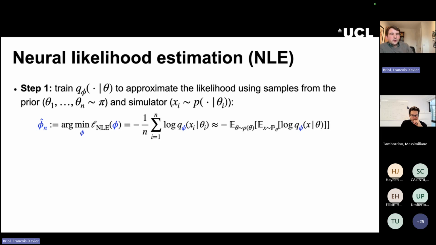Now I'm going to fit my normalizing flow, i.e. find some good phi values, some good parameter values for that normalizing flow, using some objective. Typically, but not always, it's the negative expected log density. What I'm really trying to approximate is the thing on the right-hand side, but these expectations are intractable, and all I'm doing is approximating them with the data that I have. So I'm finding the phi that minimizes the left-hand side. That's neural likelihood estimation.